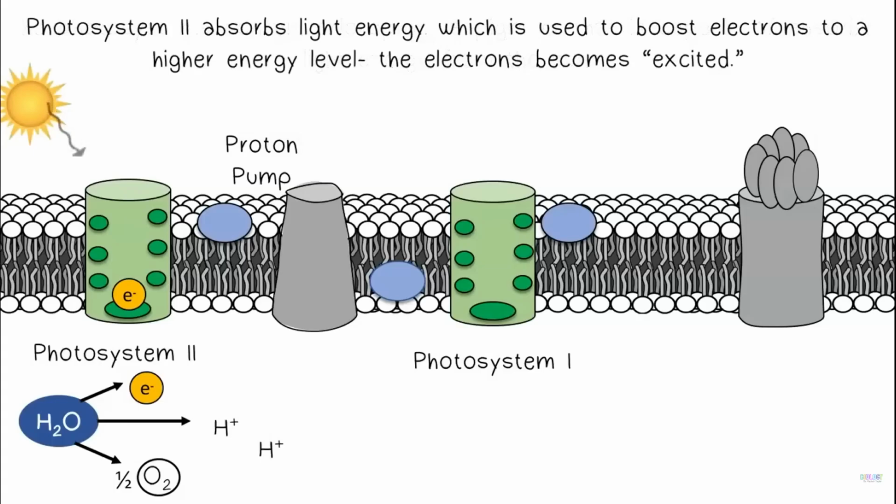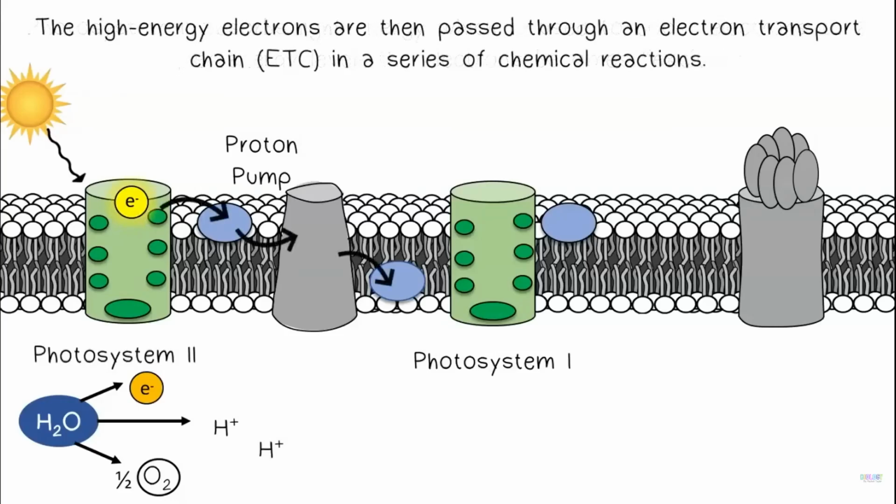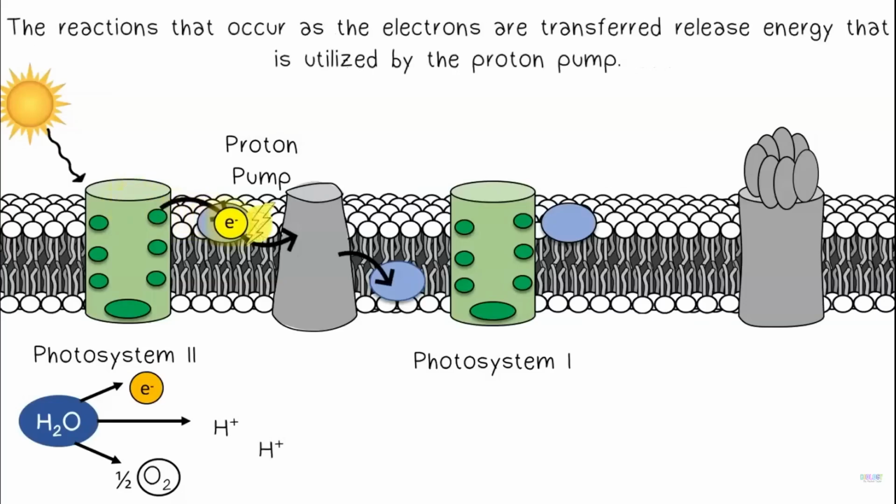Photosystem 2 absorbs light energy, which is used to boost electrons to a higher energy level. The electrons become excited. The high energy electrons are then passed through an electron transport chain, or ETC, in a series of chemical reactions. The reactions that occur as the electrons are transferred release energy that is utilized by the proton pump.